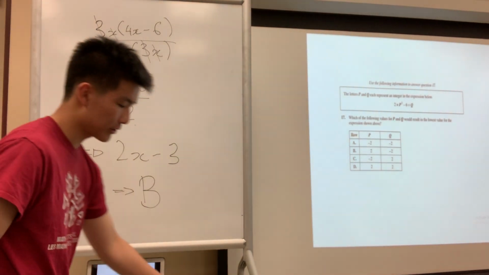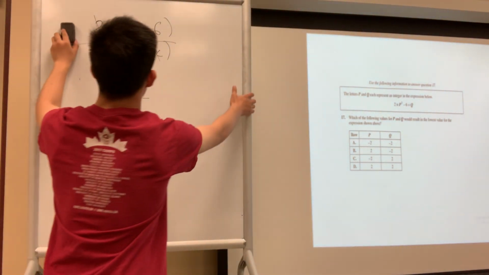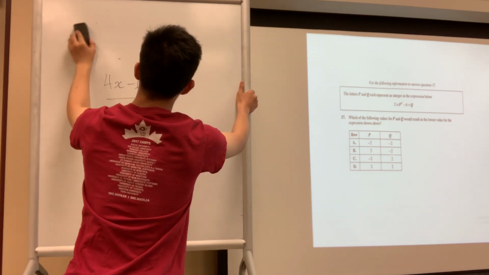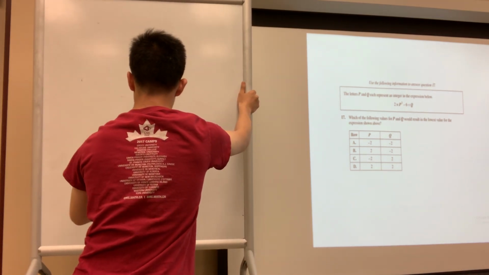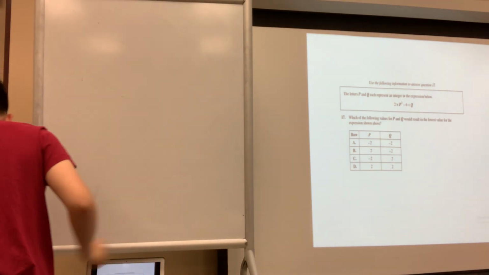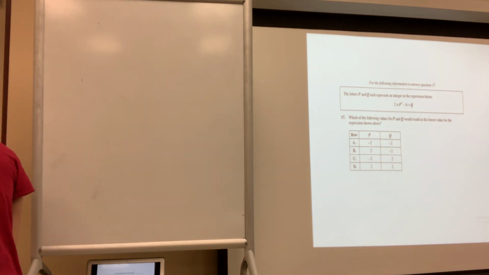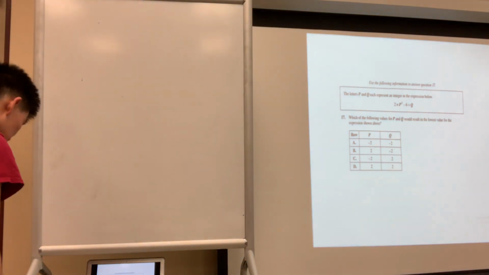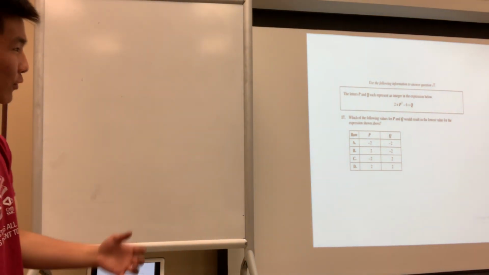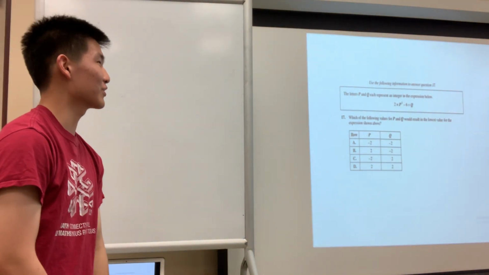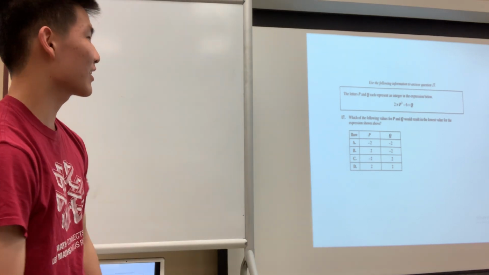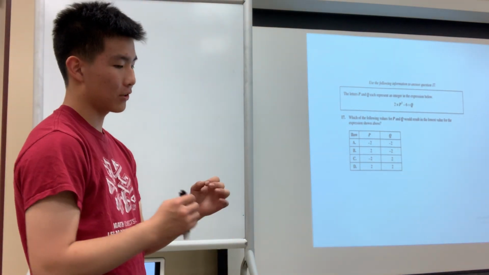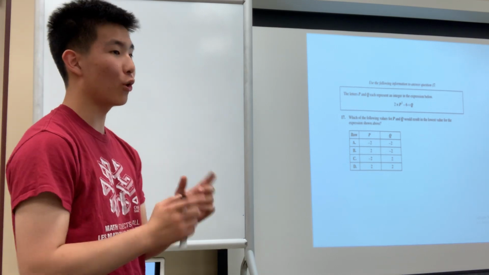This one's pretty tricky, actually. Okay, so I think the first thing that's really important to realize is what it's asking. It's asking for what values P and Q would result in the lowest value.